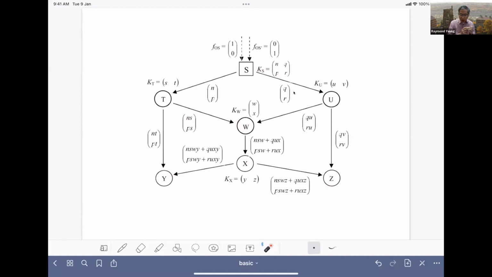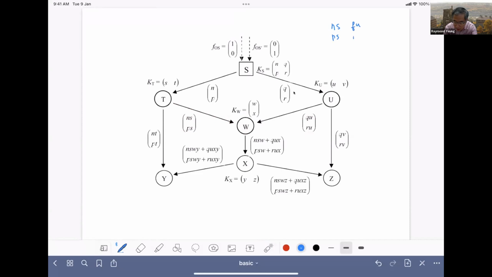Now, to do this, we have to resort to linear algebra. So basically, for node W, the global encoding vectors for the inputs are this vector and this vector. So we put these two column vectors into a matrix, right?